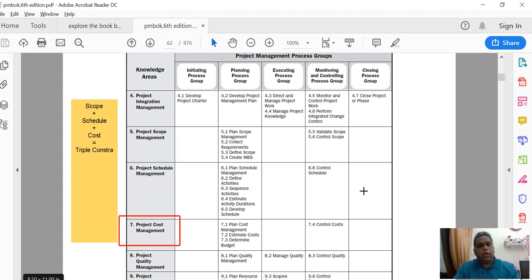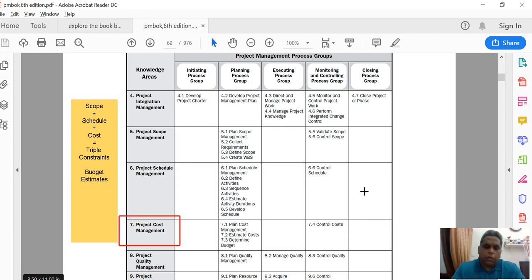In other words, these are elements that would limit your project. So you need to know what your budget is. How do you estimate your costs? What are the various elements that need to be plugged in when you estimate your cost? What are your estimation techniques? And things of that nature are usually elements which are dealt with as a part of cost management.